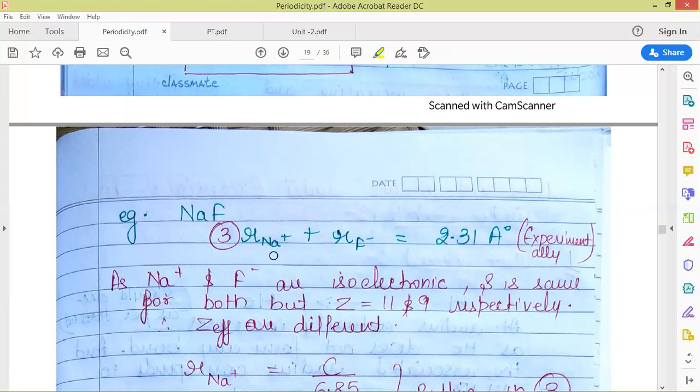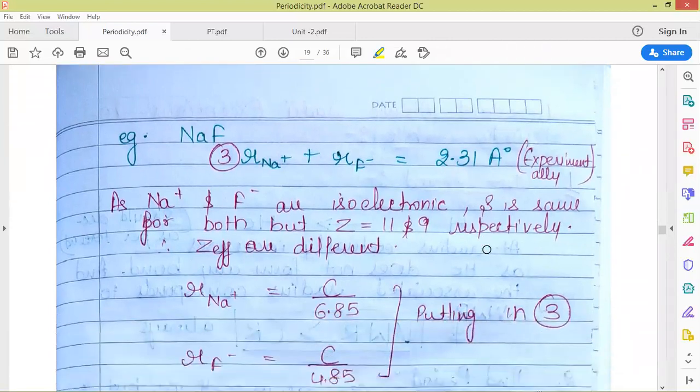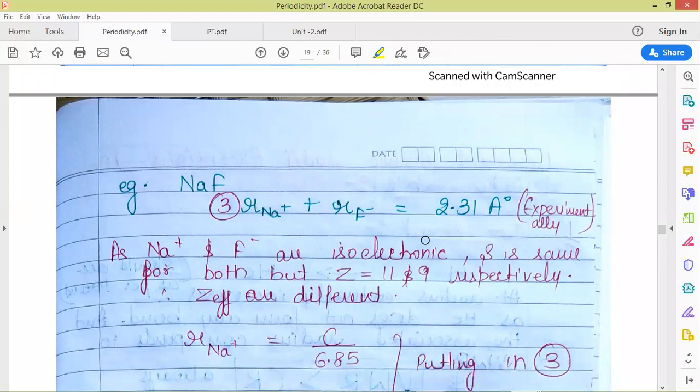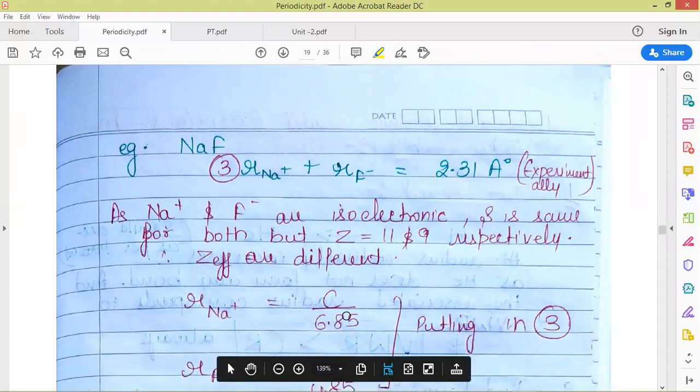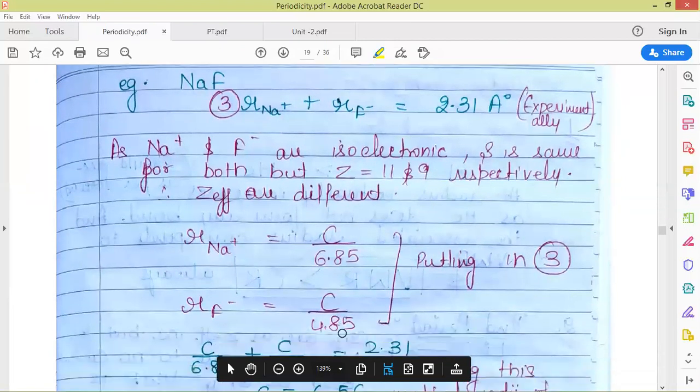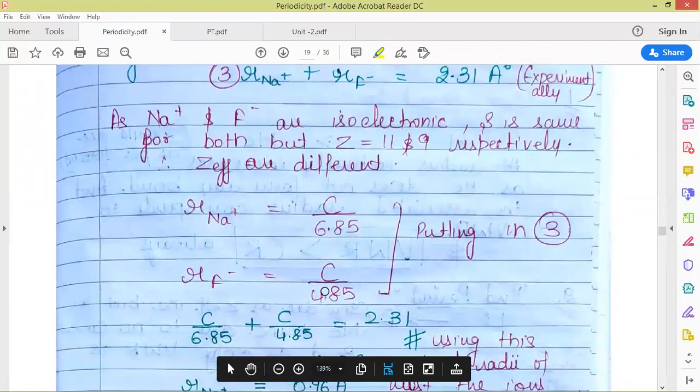From spectral studies, experimentally, we have calculated the inter-ionic distance. The bond length of this ionic bond is 2.31 angstrom. So we can write r of Na+ is equal to C by 6.85, where 6.85 is Z effective for sodium, and 4.85 is Z effective for fluoride.